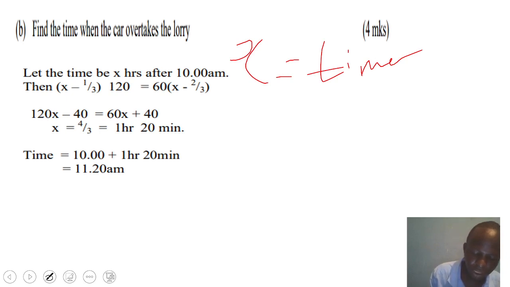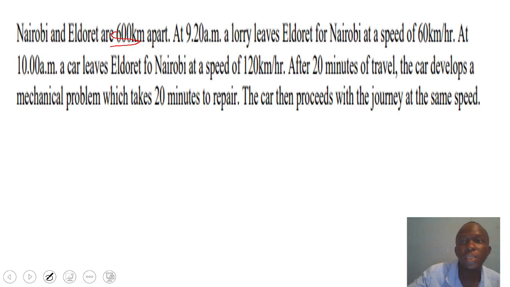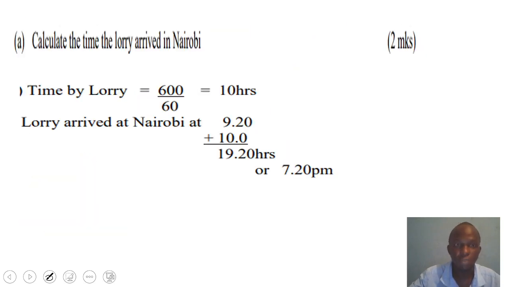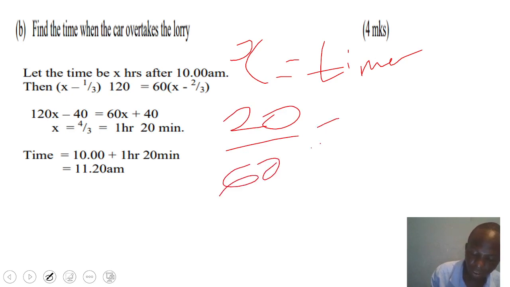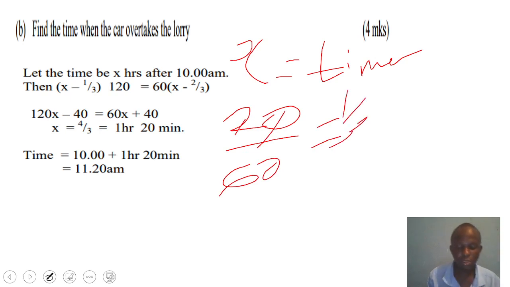We are told the car is delayed. A car leaves Eldoret, and after 20 minutes of travel, the car develops a mechanical problem. So that's why I'm saying 20 divided by 60, the answer is 1 over 3.